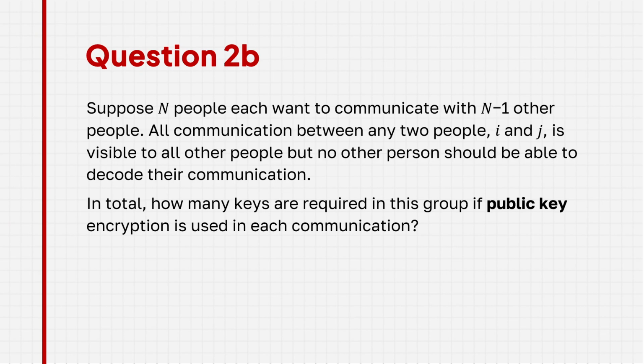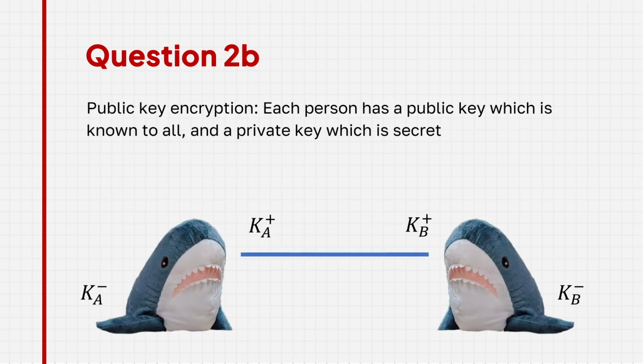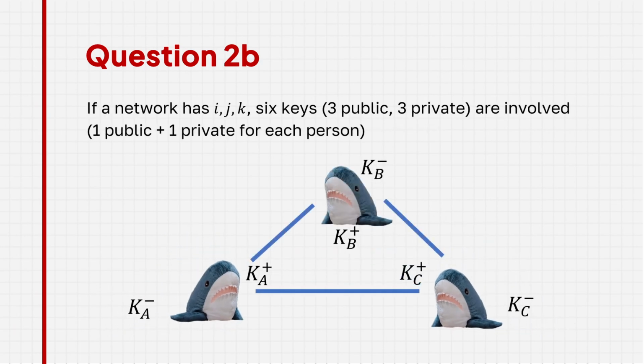So if you use public key encryption, if 2 hosts are trying to communicate, each host will now have one public key, one private key. Right? So if you want to communicate with 2 hosts, now you need 4 separate keys. But if you go to 3 hosts, now you need 6 keys. If you go to 4 hosts, then you will need 8 keys. So it's only dependent on how many hosts there are. Each of them will possess 2 keys.